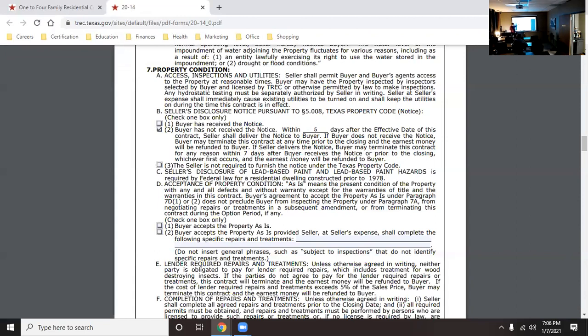So in this situation, it says the buyer has not received its notice. Within 5 days after the effective date of this contract, seller shall deliver the notice to the buyer. If the buyer does not receive the notice, the buyer may terminate this contract at any time prior to closing. So right there. And the earnest money will be refunded to him.